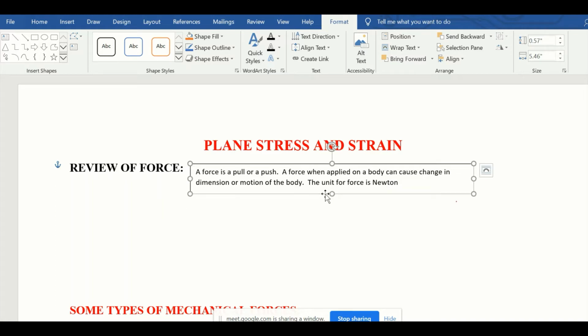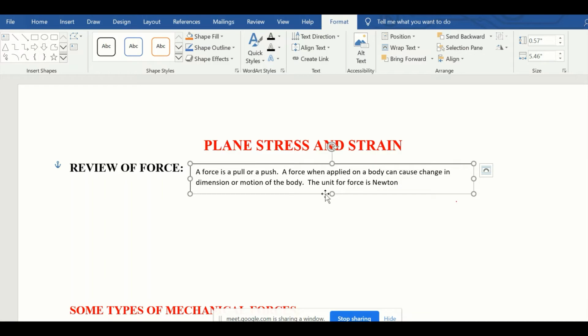Now, I want us to note again that no object or no material is perfectly rigid. When forces are applied to materials, they tend to have a change in dimension. Some of which we might not see, or some of which are not always obvious to the human eye, but those changes occur in the material.